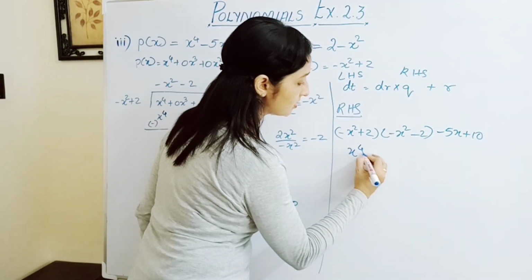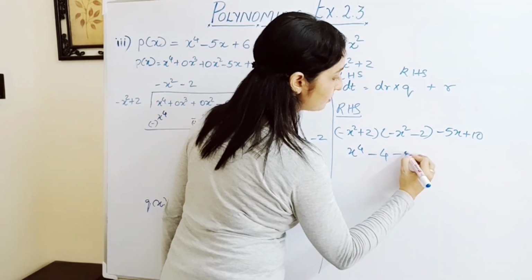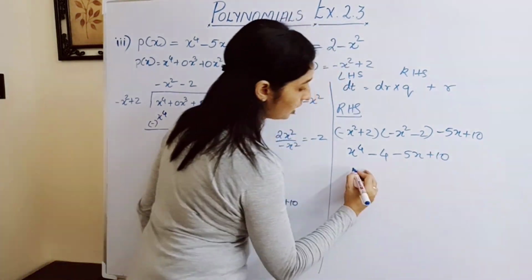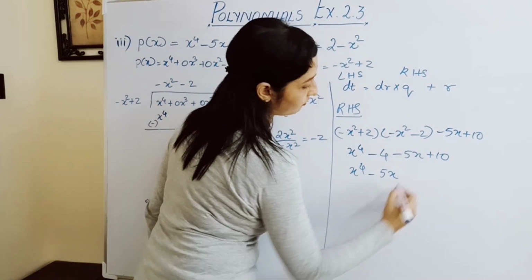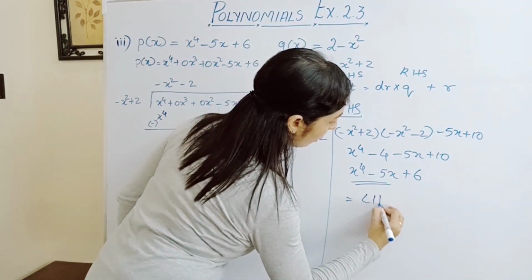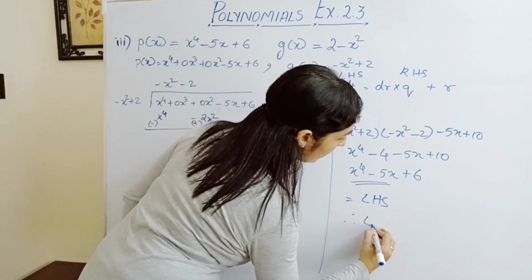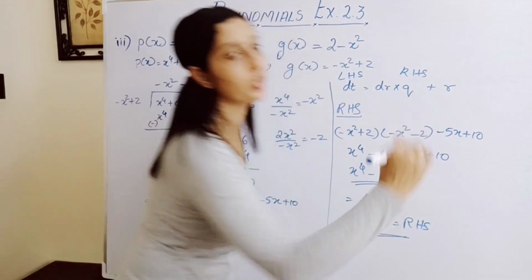So this becomes x raised to 4 minus 4 minus 5x plus 10, which is equal to x raised to 4 minus 5x plus 6. So this is equal to our LHS, therefore LHS equal to RHS, hence verified.